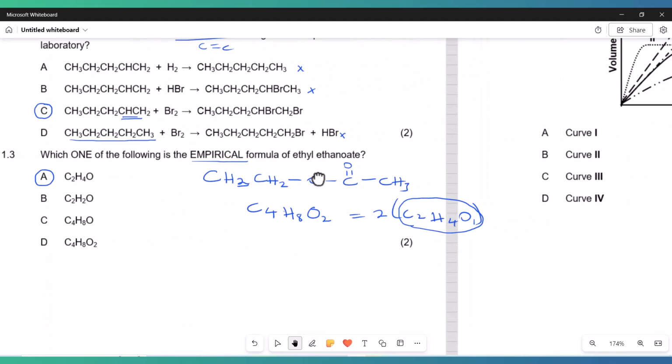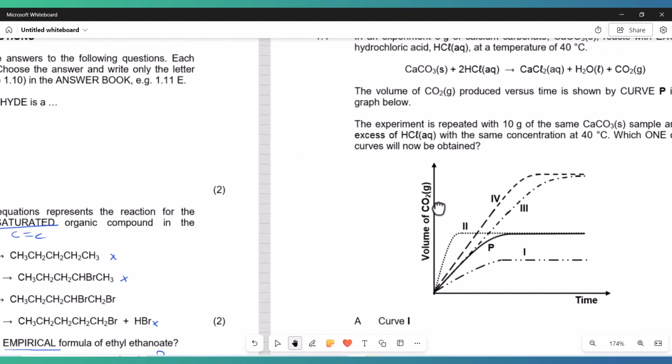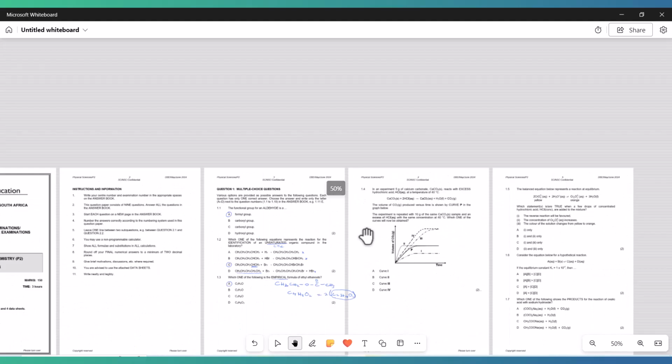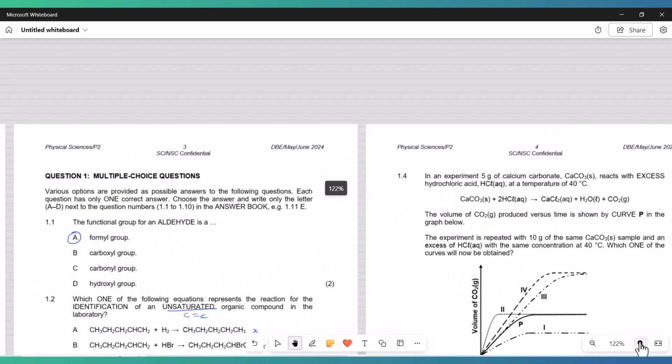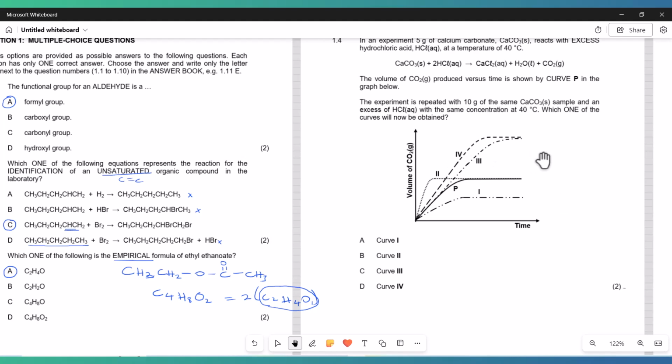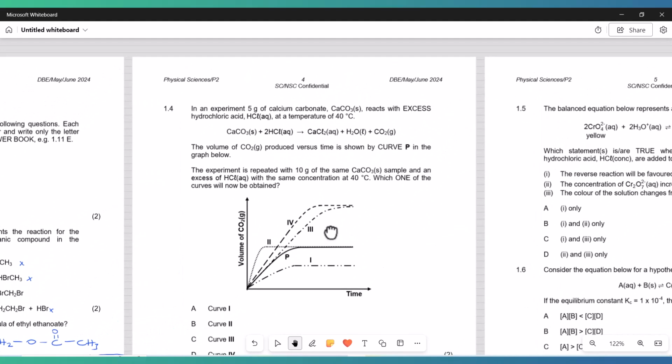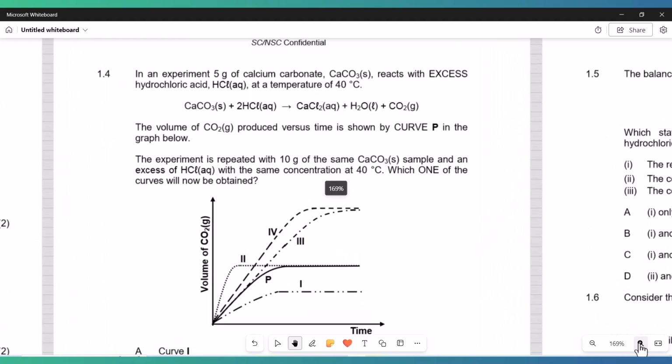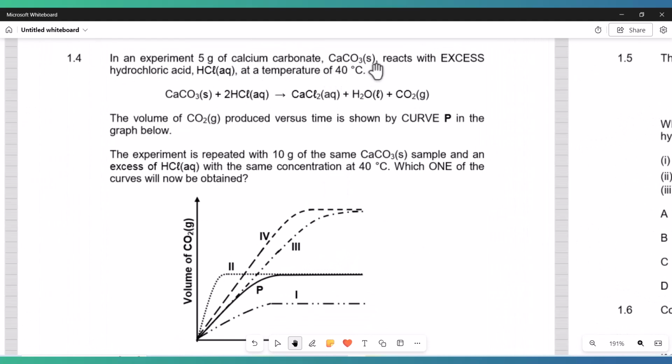Next question, 1.4. They say that in an experiment, 5 grams of calcium carbonate react with excess hydrochloric acid at a temperature of 40 degrees Celsius.